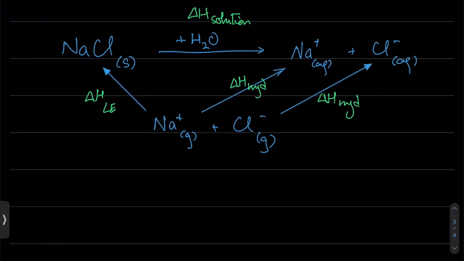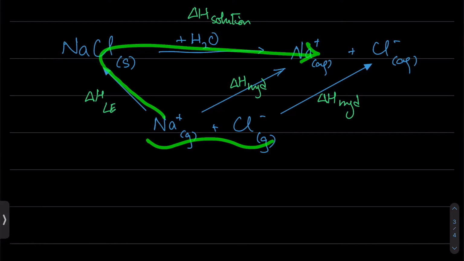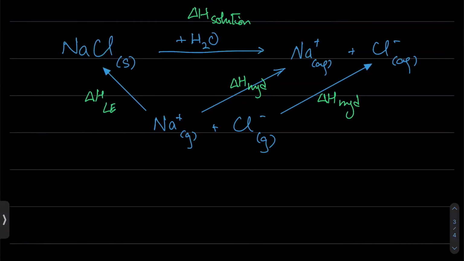And clearly we have a picture here. What is happening? You start with sodium chloride, individual ions, you bring them close together and then you dissolve them, and that forms the solution. Or you take the individual gaseous ions, you hydrate them, you dissolve them in water. Both of these lead us to the same conclusion.